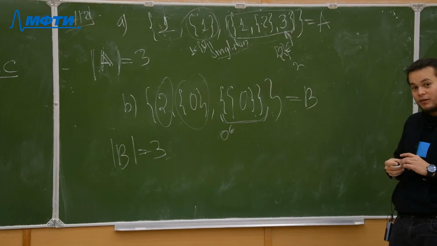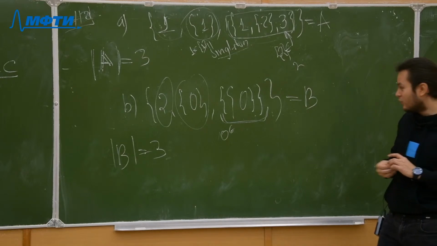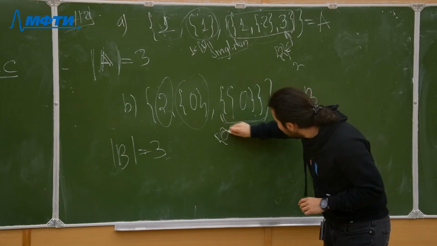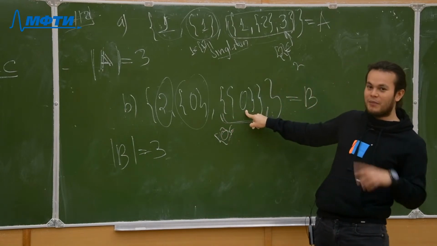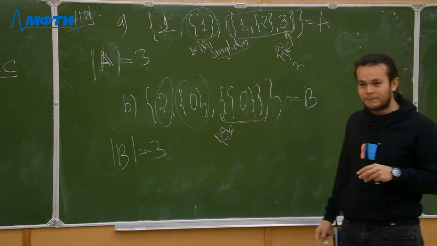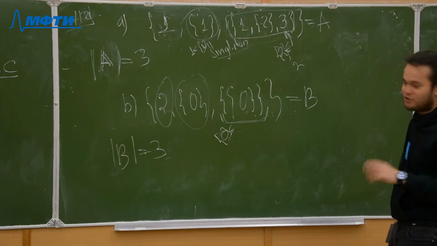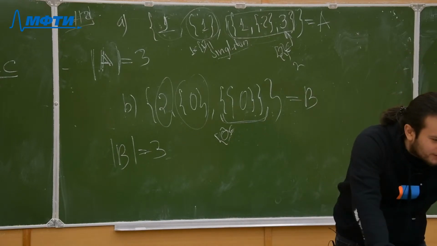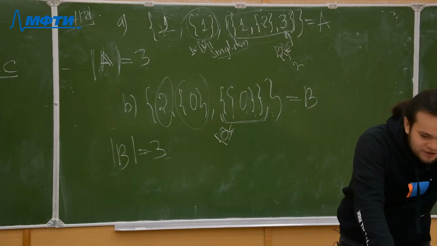No, okay? So the singleton of 0 belongs to this set, but not 0 itself. Okay, good. Well, I think that's it with this. It's pretty clear. Well, okay, now number 3.